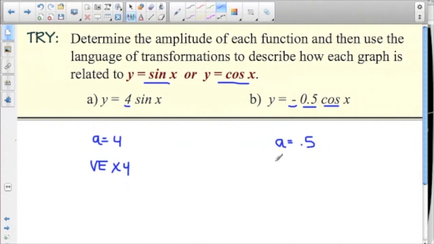Now, this is going to be a vertical compression by a half, or 0.5, because compression means it's less than 1. But this negative sign, which I was saying at the beginning, you have to watch out. That's a reflection on the x-axis. On the x-axis. Okay?